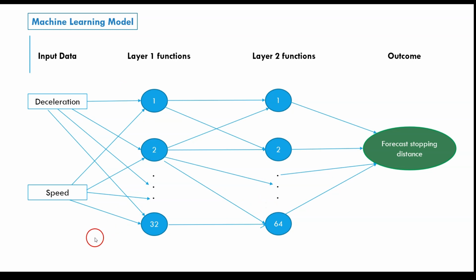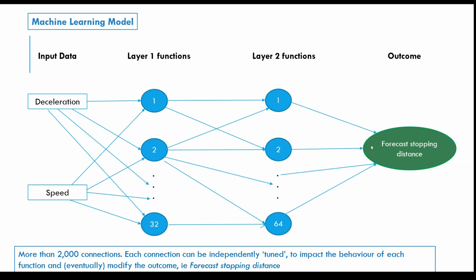So just doing a bit of straightforward maths, you'll see that the number of available connections is approximately 32 by 64, which is over 2000. What a machine learning model does is it updates the weights that each of the connections carries in order to move its forecast outcome as close as possible to the actual outcome for known data.